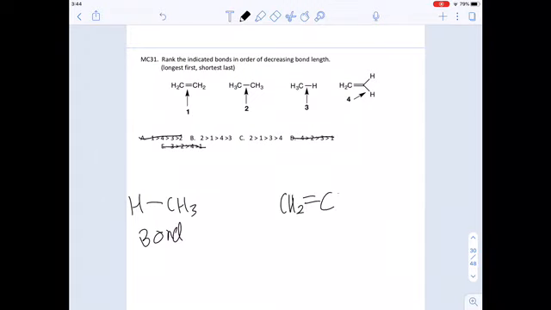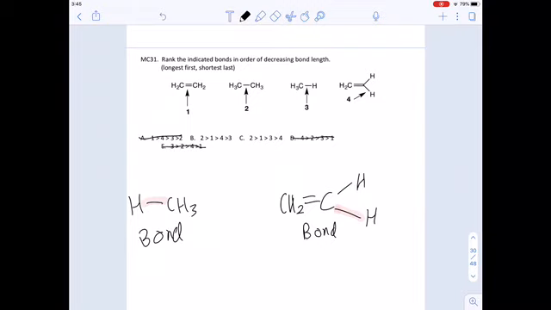Now you're comparing a CH3H bond and a CH2CH bond. So I'll highlight the bonds in question. So this one is not one that they generally teach you. You kind of have to reason through it, but now that you've seen this on an exam, you can remember it for the future.